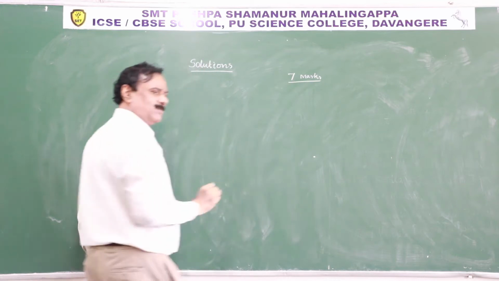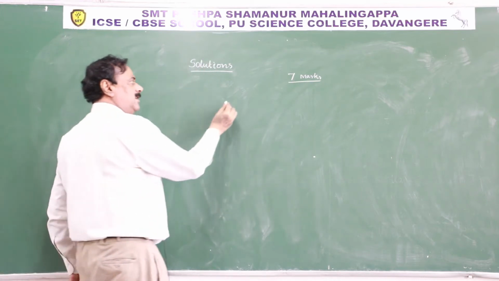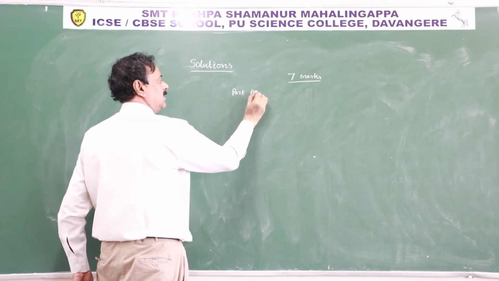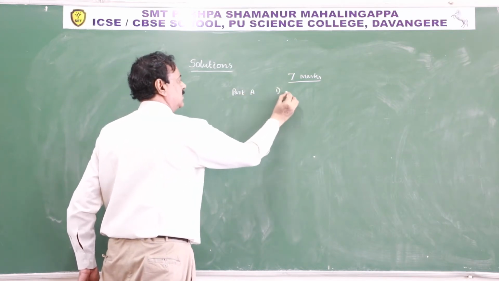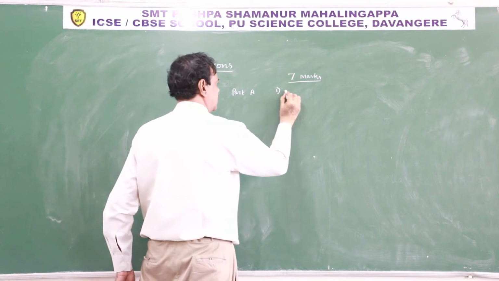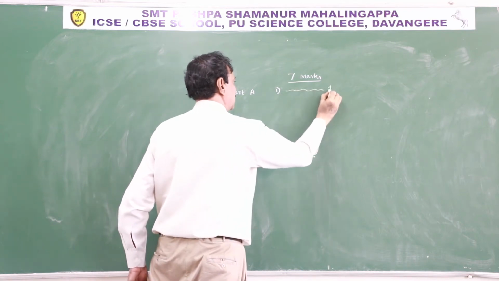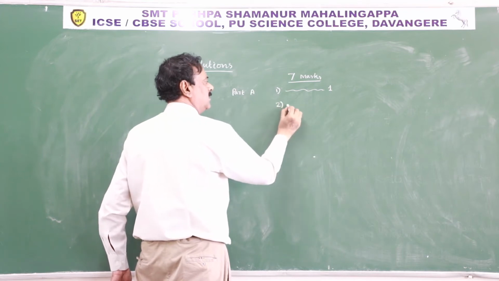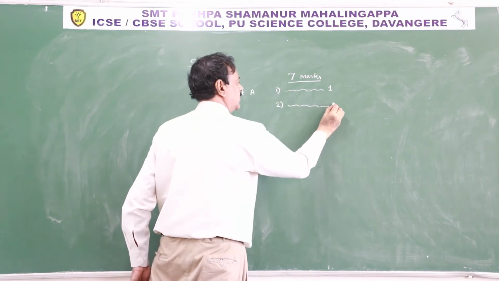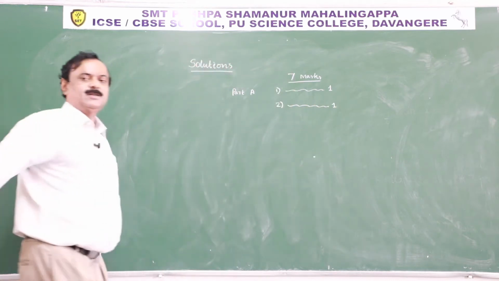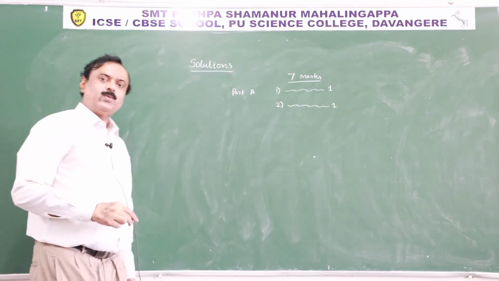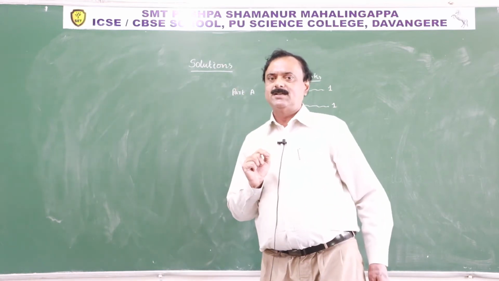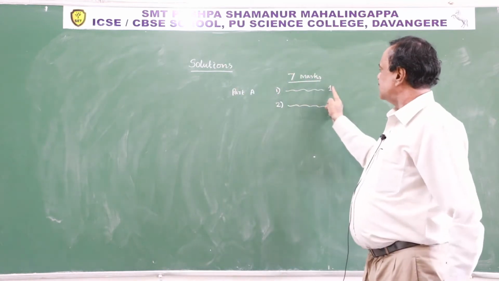Out of these 7 marks, in Part A, usually the first question from the solutions chapter carries 1 mark, and the second question in Part A also carries 1 mark. So the weightage for this chapter in Part A is 2 marks.